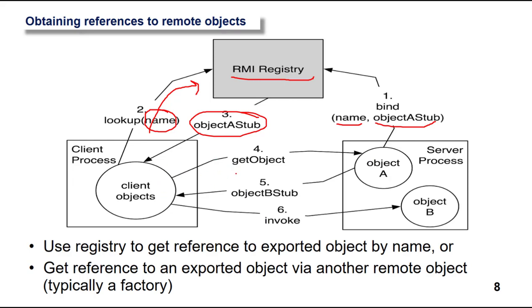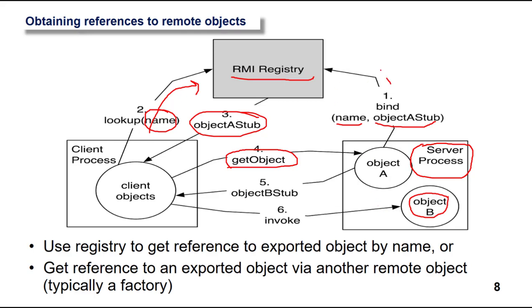In this particular example, the client wants to get the second object. So get object here is also a method call, and the client wants to get the stub for the second object, because it also has methods the client wants to use for their particular service. This is a second way in which the server can give access to its services.